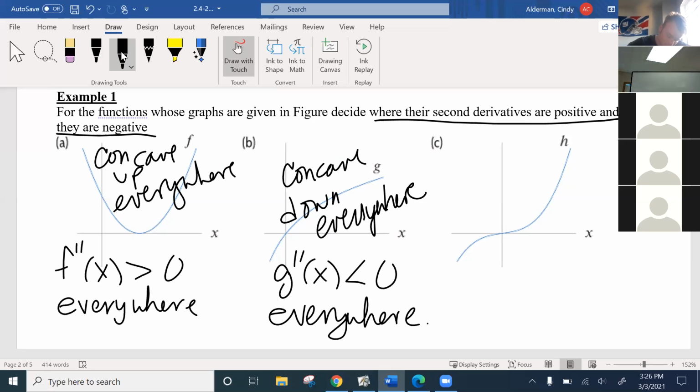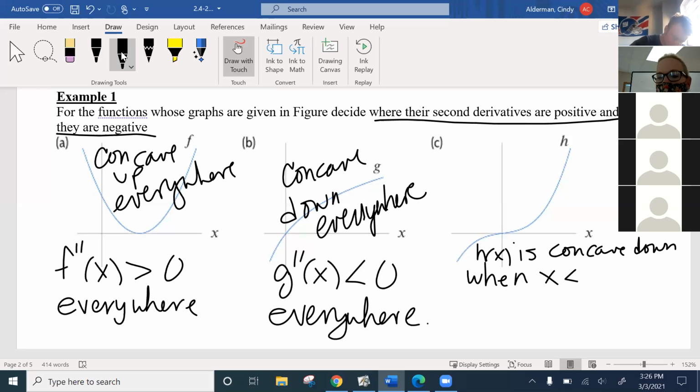Okay. So let's see, we could say h of x is concave down when x is what? Negative, right? When x is negative, or we can say less than 0.